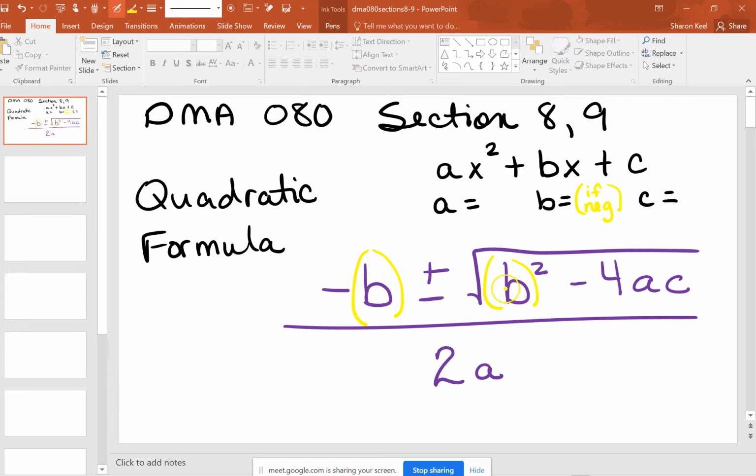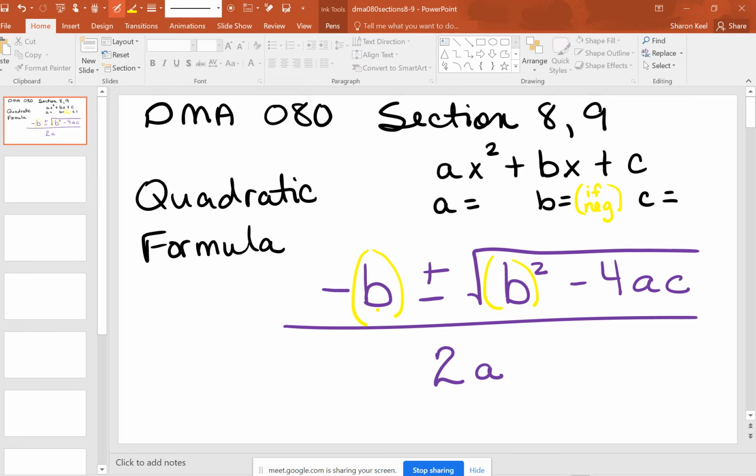And here, if you had like a negative 4 squared, it would become a positive 16, not a negative 16. So when you're using your calculator, it's imperative that your b, if it is negative, that you always remember to put a parenthesis around that.